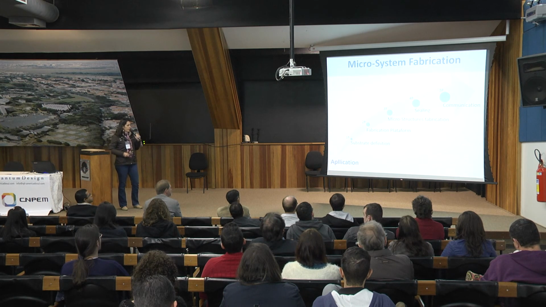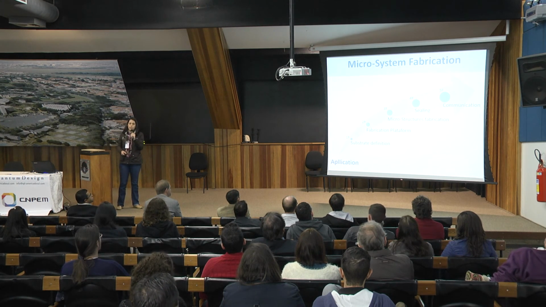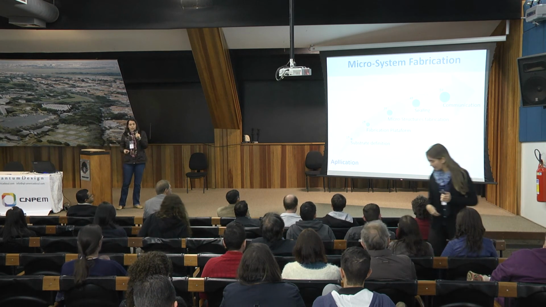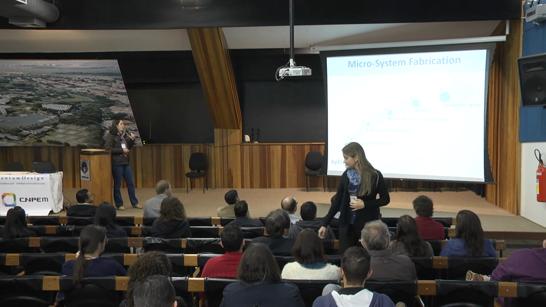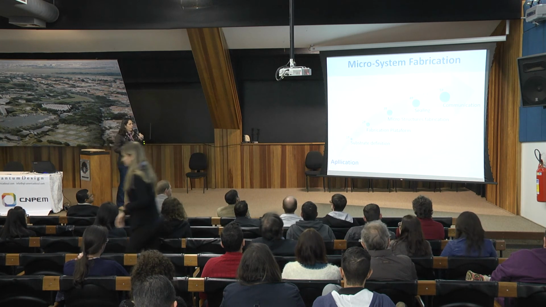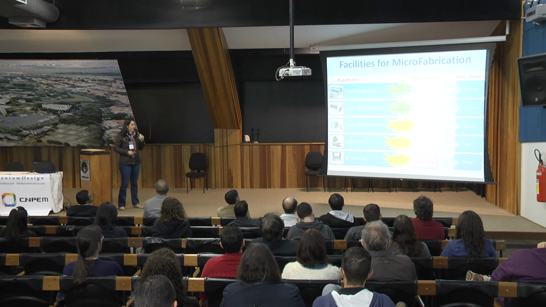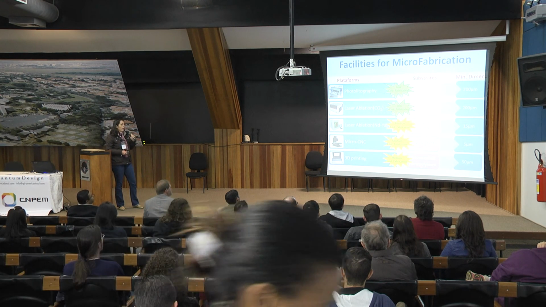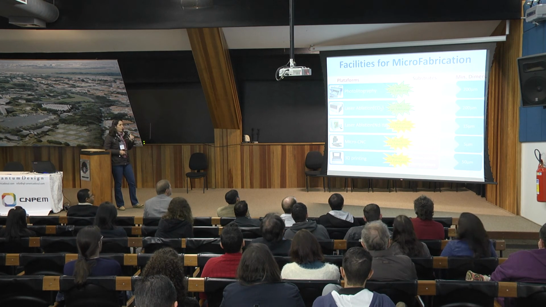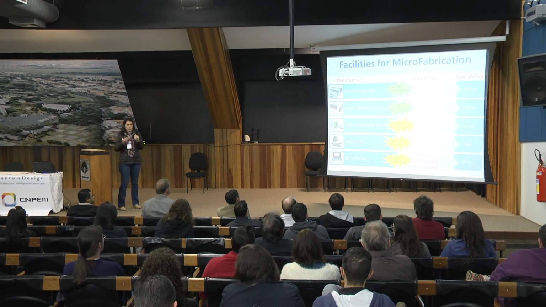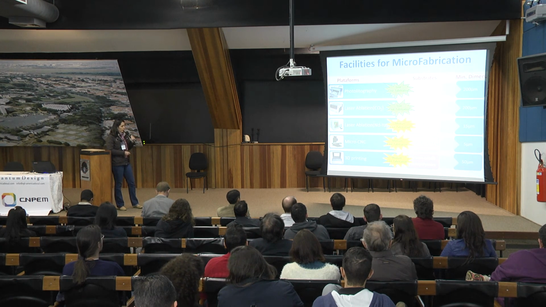But when we started in 2011, by that time we didn't know what kind of application we would face. And thinking on that, it was not clear what kind of microfabrication platform we would need. So we decided to invest and have some different platforms, to be able to work with different substrates and then be able to work in different areas and collaborate with different groups.